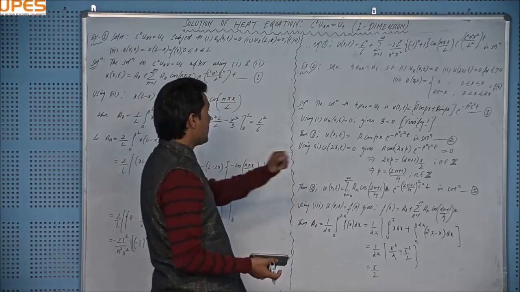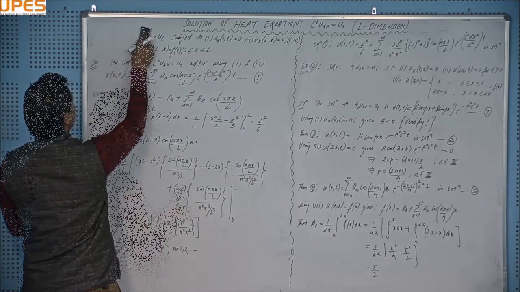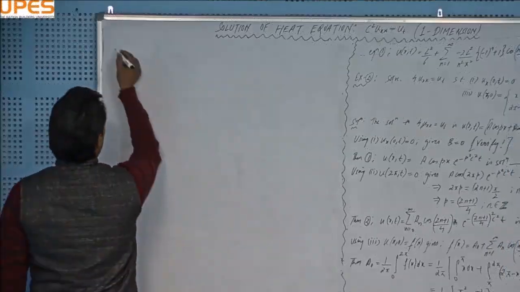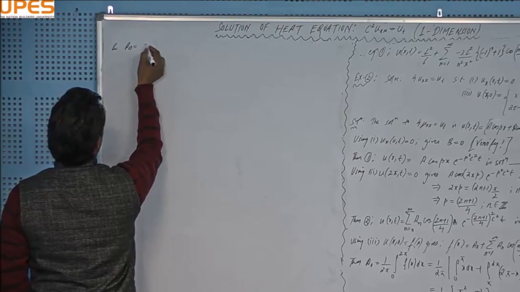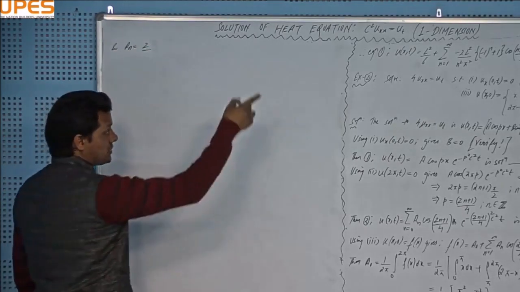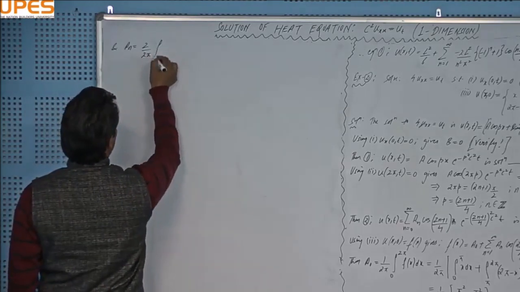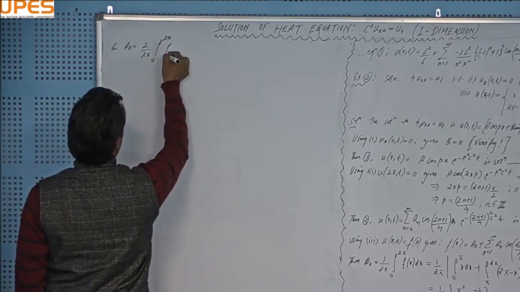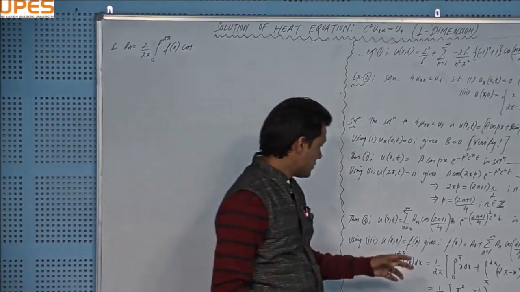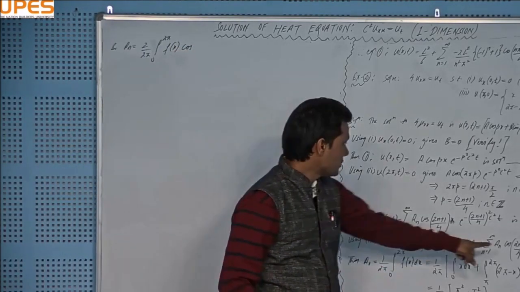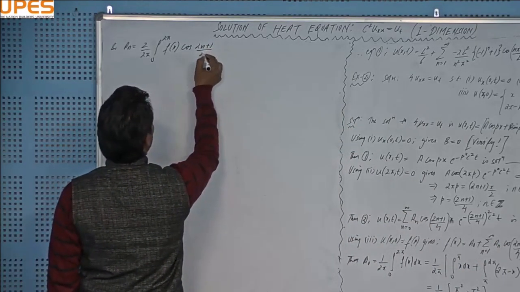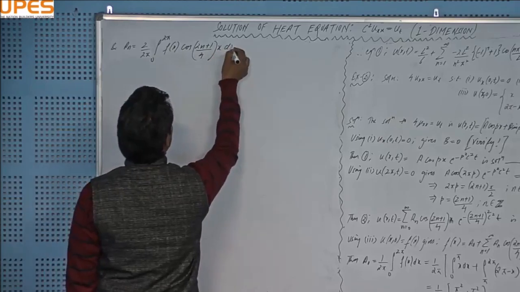And now a n is equal to 2 over L, where L is the length of the rod, this time 2 pi, the integral from 0 to 2 pi of f(x) cos((2n plus 1)/4 x) dx.